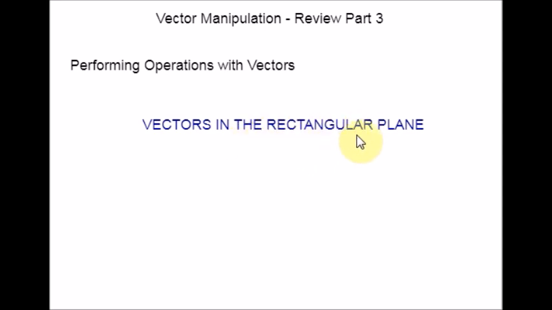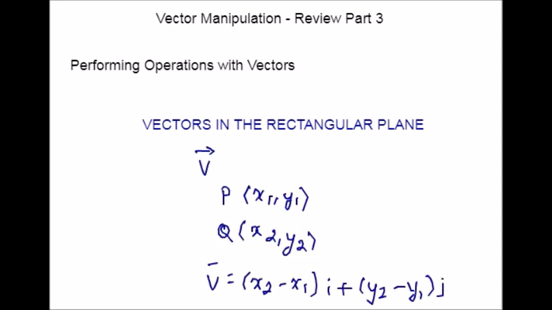Consider vector v, which has an initial point and a terminal point. Let the initial point be P and the terminal point be Q. Let v vector be written as (x2 - x1)i + (y2 - y1)j. The position vector from (0, 0), the origin, to any point (a, b), where x2 - x1 is equal to a and y2 - y1 is equal to b.